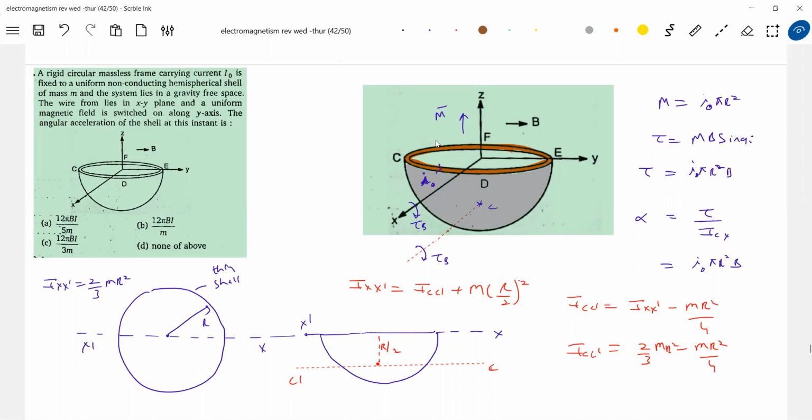If it rotates about an axis like CC dash, then the center of mass of only the top ring will move, but it should not move because there will be no force on it. Net force will be zero.